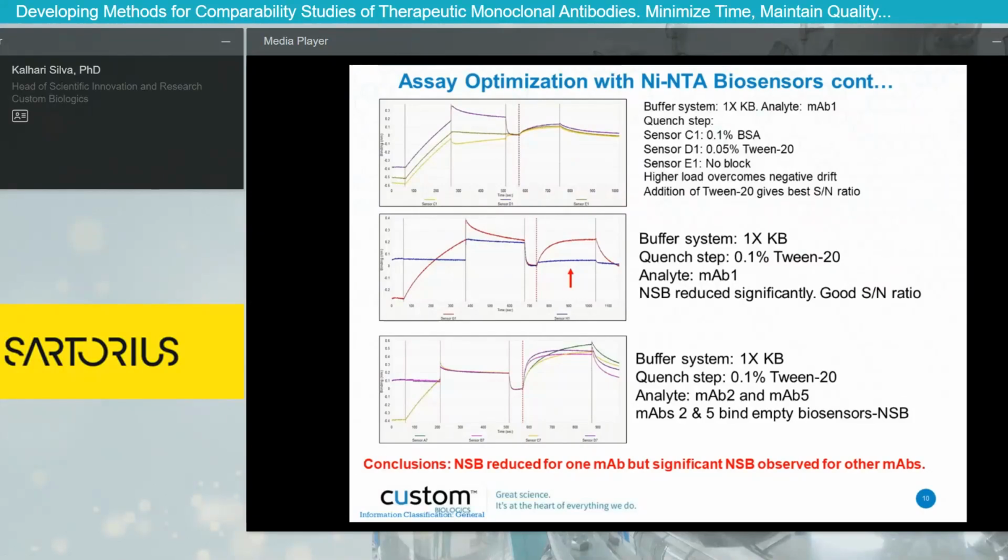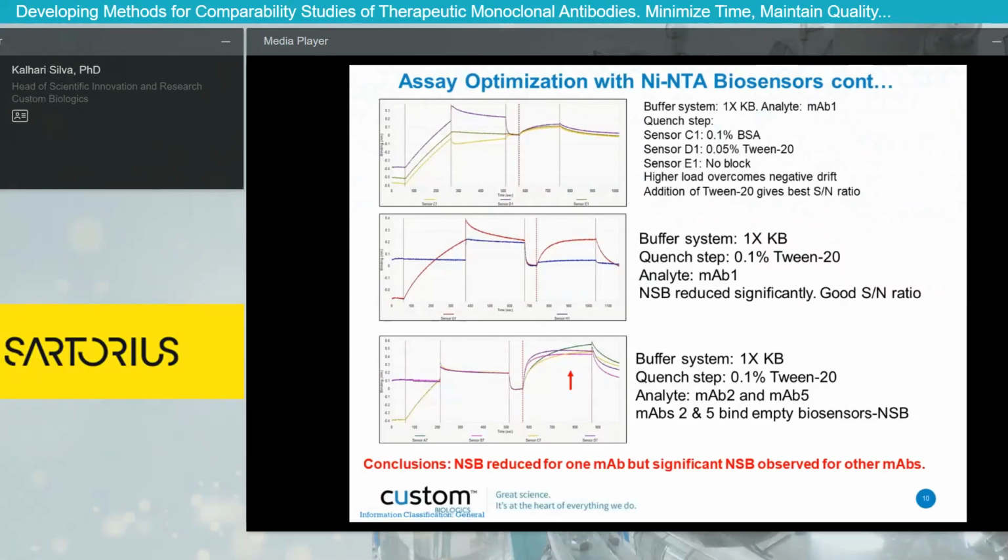So here we continue to use Tween 20 as our blocking. That is in the final sensorgram, but you do not see a differential in terms of binding of mAb2 and mAb5 to a loaded versus no load sensors. So we're back to square one, and this all suggests that it's just non-specific binding. So we had to change our format a little bit.